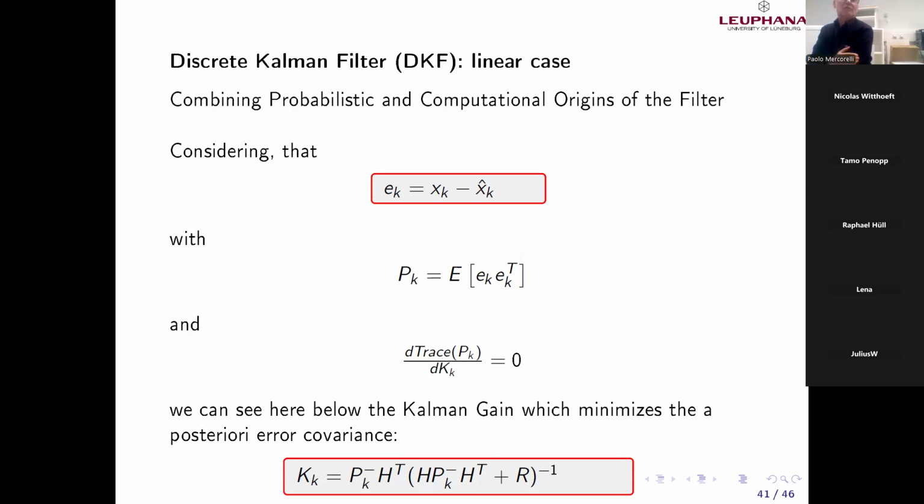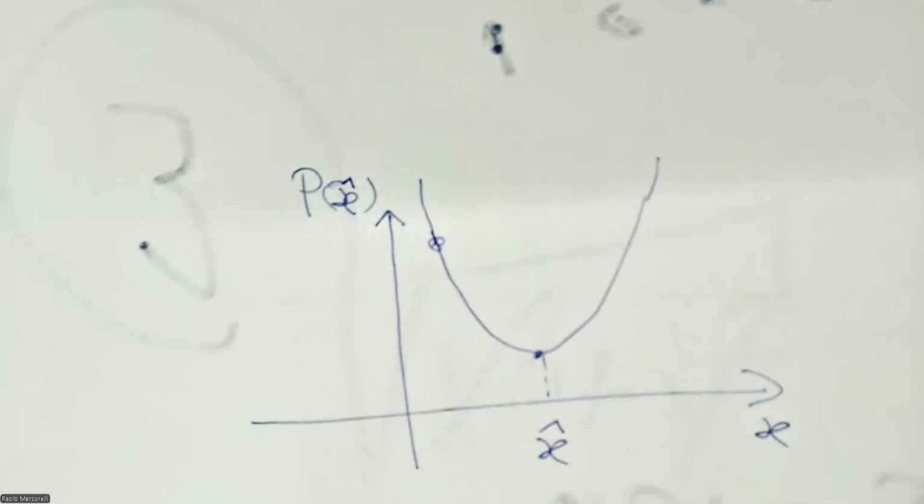I don't know if you remember from gymnasium that the derivative of a function equal to 0 in general is a necessary condition, but not enough. You remember we have to check the second derivative, third derivative, and so on, to say if it is a maximum, a minimum or a saddle point. But if we know that we are in the presence of a convex function, or at least locally convex, of course, here we have something more, because in the hypothesis of Kalman, it seems to be globally convex.